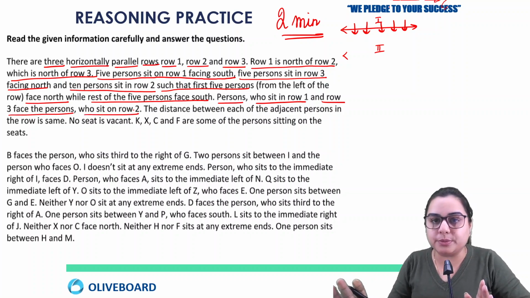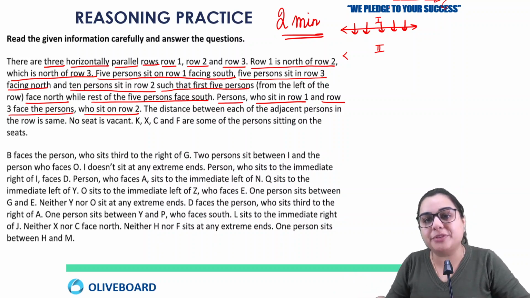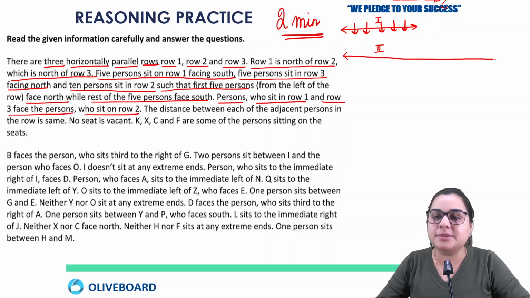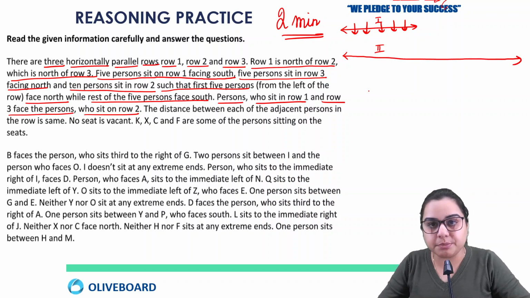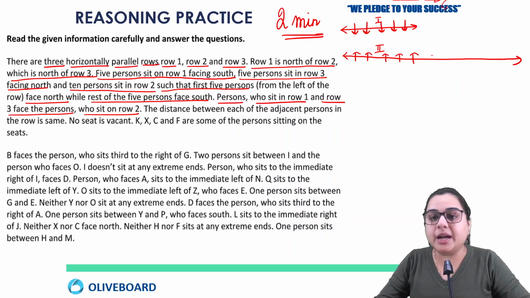The persons who sit in row 1 and row 3 face the persons who sit in row 2. So how are we going to make the diagram first? The first row has 5 persons, and the second row has 10 persons. In the second row, 5 persons face north, so that persons in the first and second rows face each other, and the rest of the 5 persons face south.